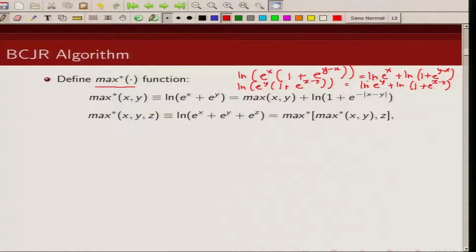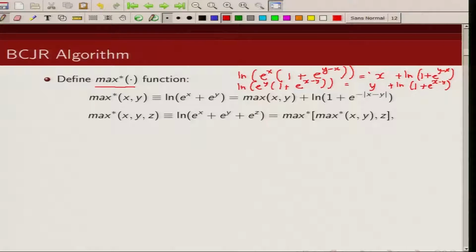And what is log of e to the power x? That is just x. So this can be written as x plus this, and y plus this.